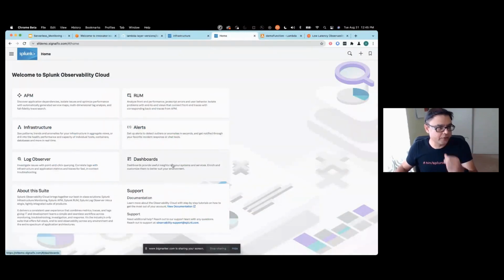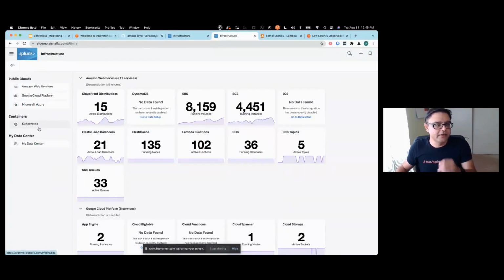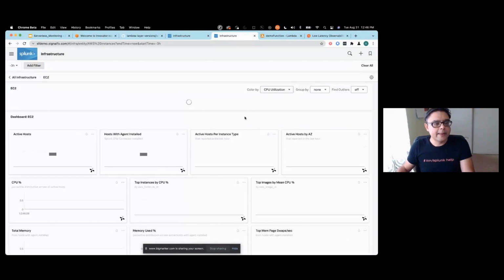In production, you would have many more Lambda functions. By the way, I talked about Splunk Infrastructure Monitoring. It provides visibility into not only the serverless function but a lot of AWS services that we have deployed here in our demo environment. So EC2 instances, there's almost 4,500 EC2 instances running.